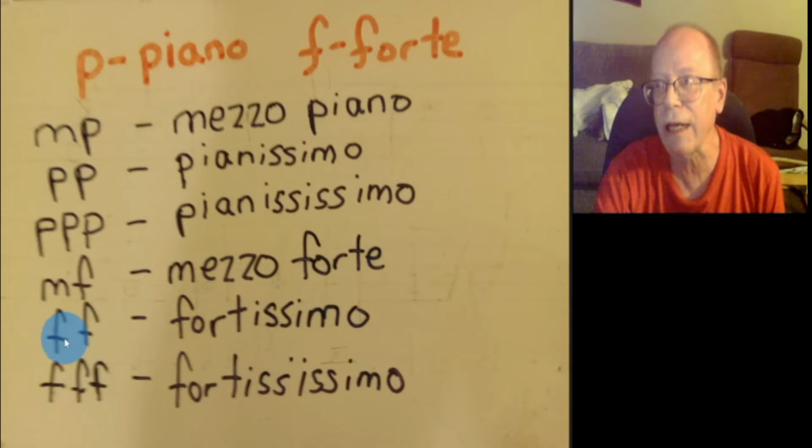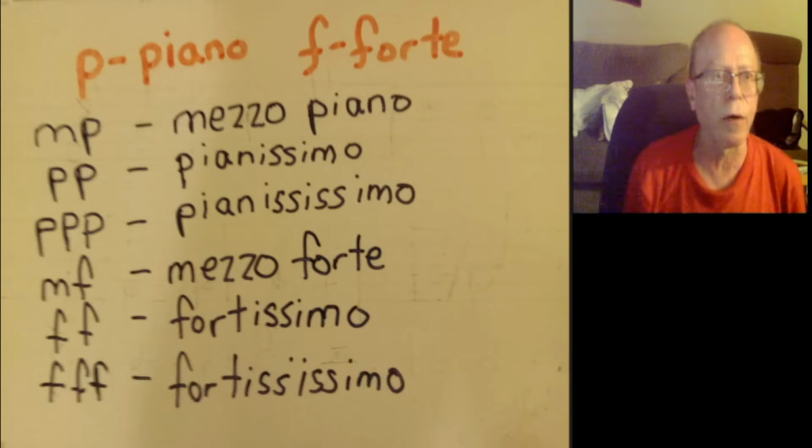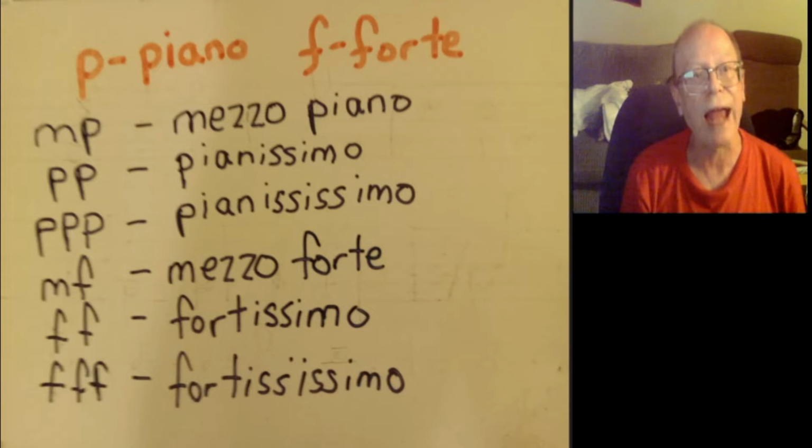But when you do get in here, extra F's, all right? 2 F's, that's fortissimo. And then you get crazy here, 3 F's, really loud. So fortissimo, very loud, very loud, okay? Very simple once you get to know it. But the main things to realize is the P is soft, F is loud. And if you see that on a score, just play it softer or louder.